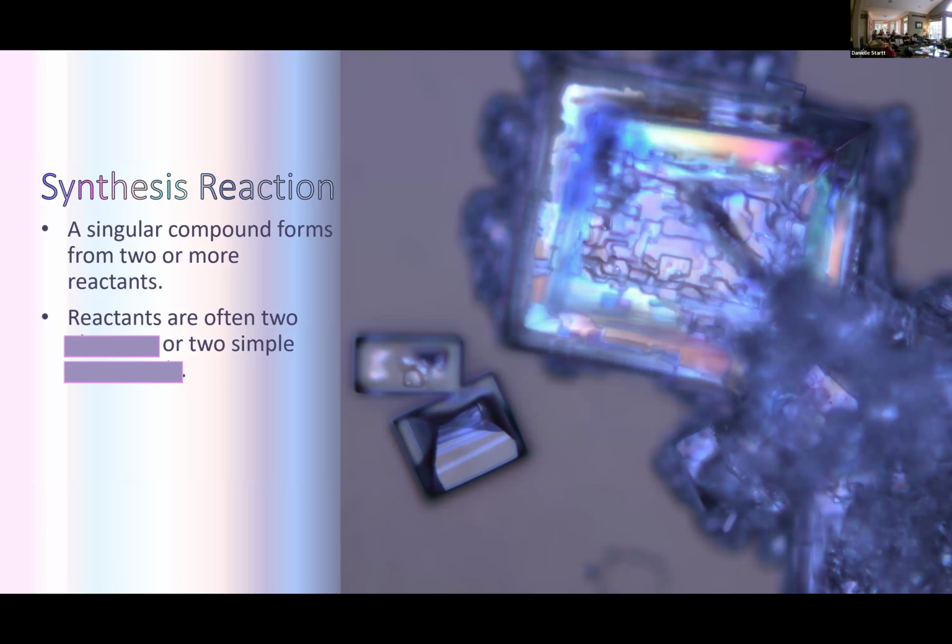Synthesize means to bring together, right? Like to create. And then reactants are often two what? Two elements or two simple compounds. There we go. When you have two elements or two simple compounds that combine and form a new, usually bigger compound, that's your synthesis reaction.